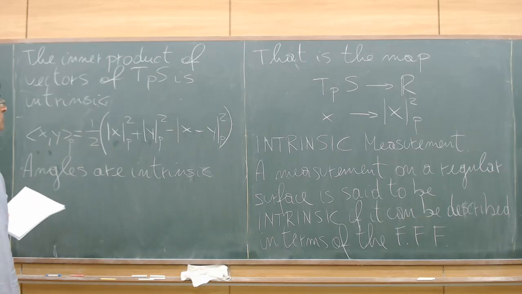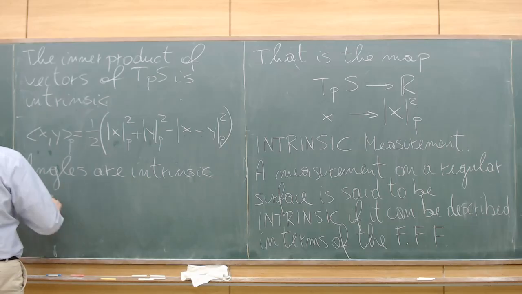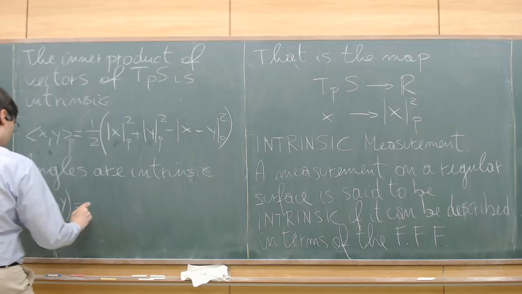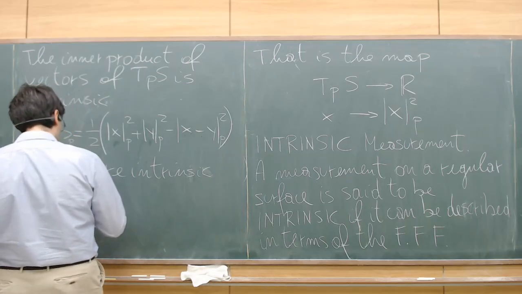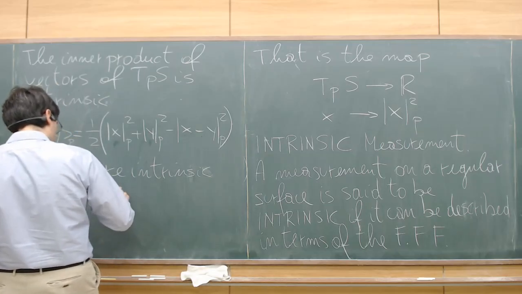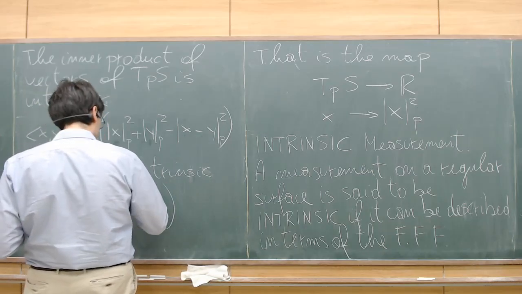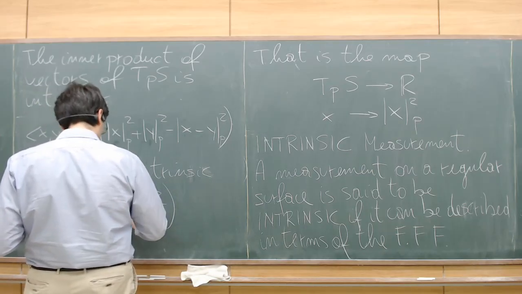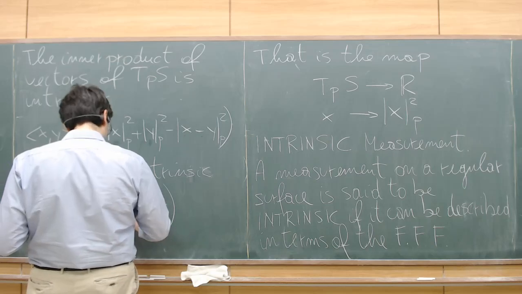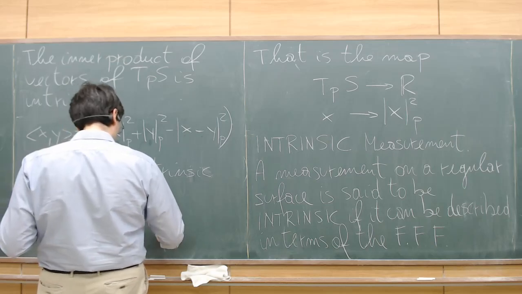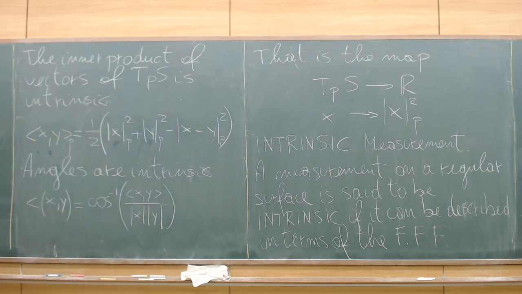Why? Because you know very well that the angle between two vectors in R3 can be determined using this formula: inverse of cosine evaluated at the inner product of x and y divided by the product of their norms.